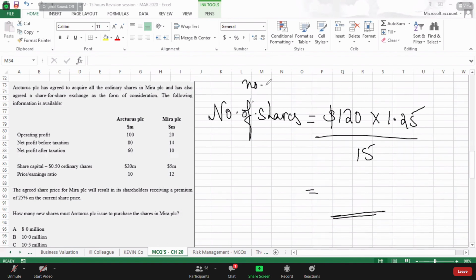You all know the formula, number of shares into market price of the share is equal to value. So I have just done value divided by market price of the share. What will be the value? 120 is the current value, and it is going to increase by 25%, divided by market price of the share.